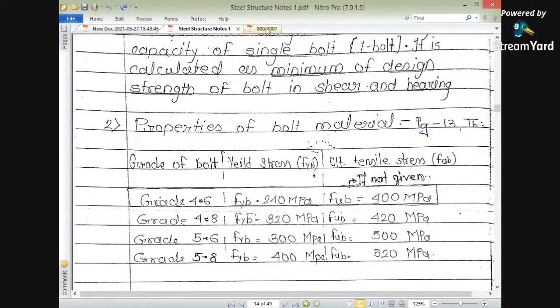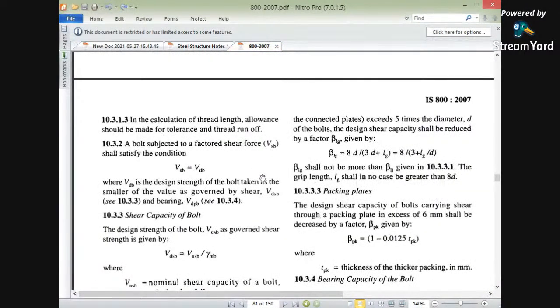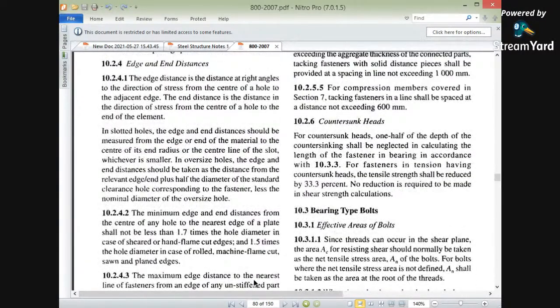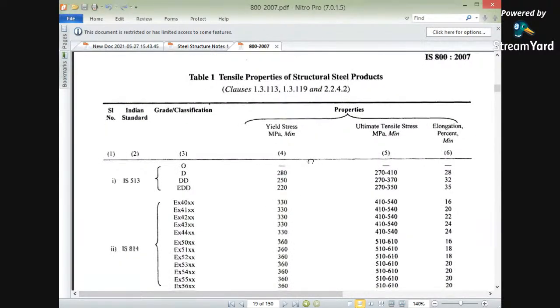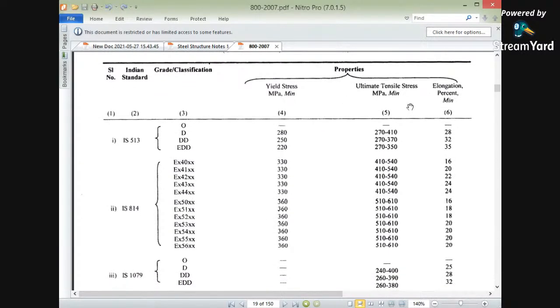So I am switching over to the IS code, page number 13. Tensile properties of the structural steel product: this is the yield stress and ultimate tensile strength.